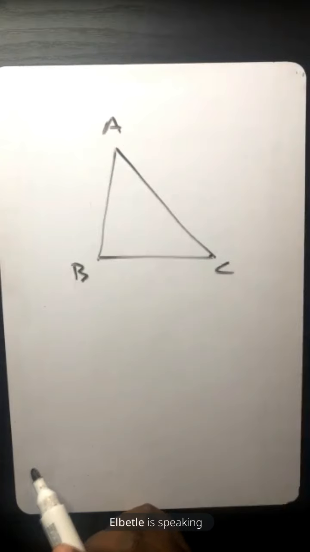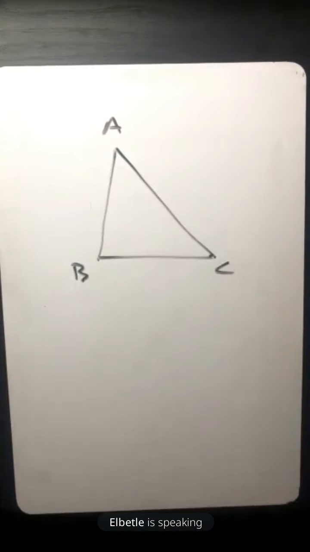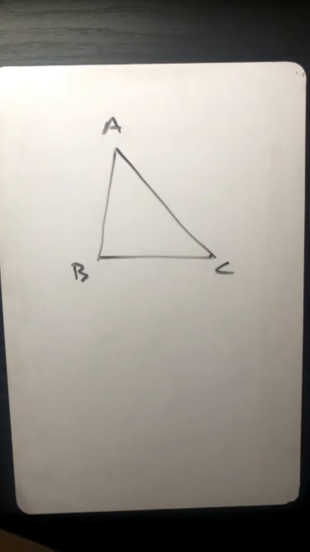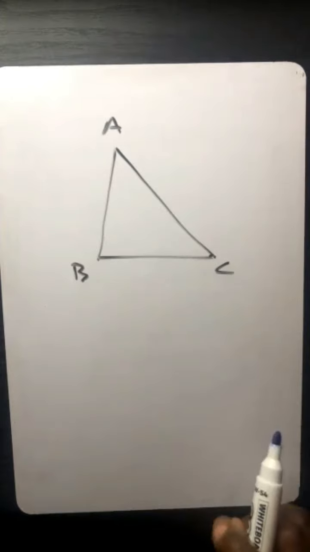I can't decide which one is the adjacent because there's no reference angle. Okay, which one is hypotenuse? It's AC because it's the longer side. Okay, I'm glad you also gave that with a reason.